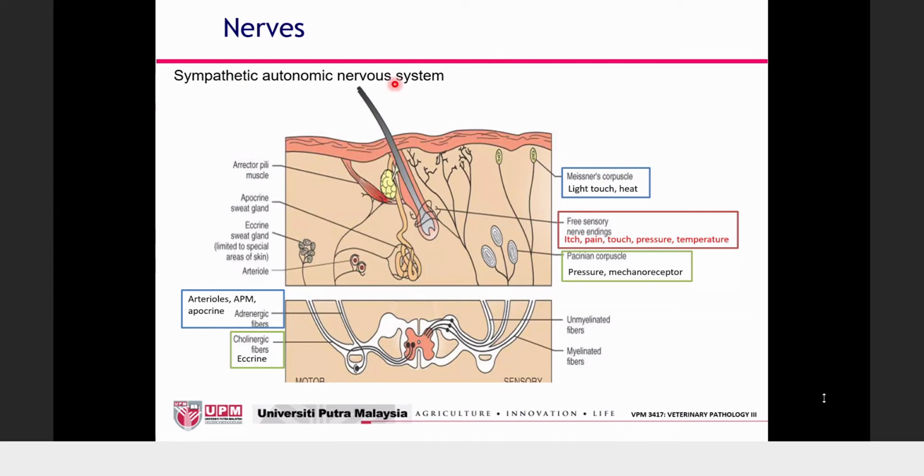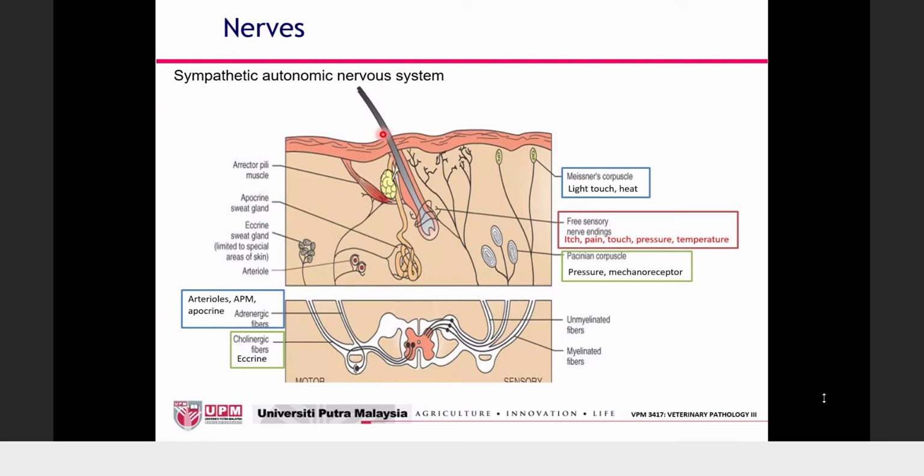Autonomic meaning we need something that is a fast reaction. So let's say you accidentally touch a very hot surface, definitely you need to remove your hand fast, right? This is why you need the sympathetic autonomic nervous system, meaning you don't have to think. When the hand touches something hot, it will remove itself automatically, and very fast.